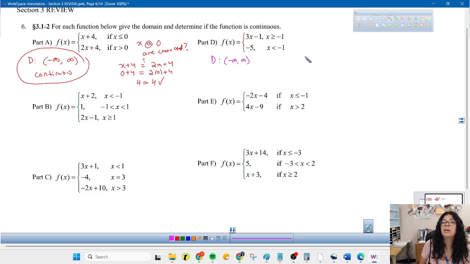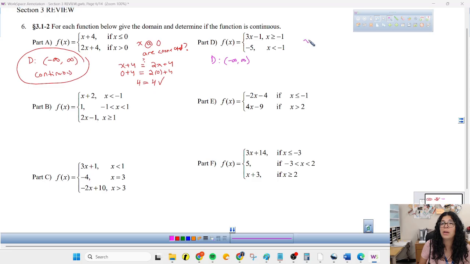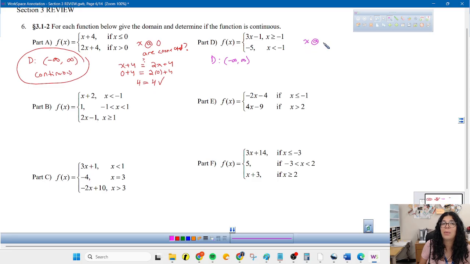Now, is it continuous? Well, the breaking point here is that we stop at the x value of -1. So are they connected at the x value of -1? Let's check. So is 3x minus 1 equal to -5 at that x value of -1?